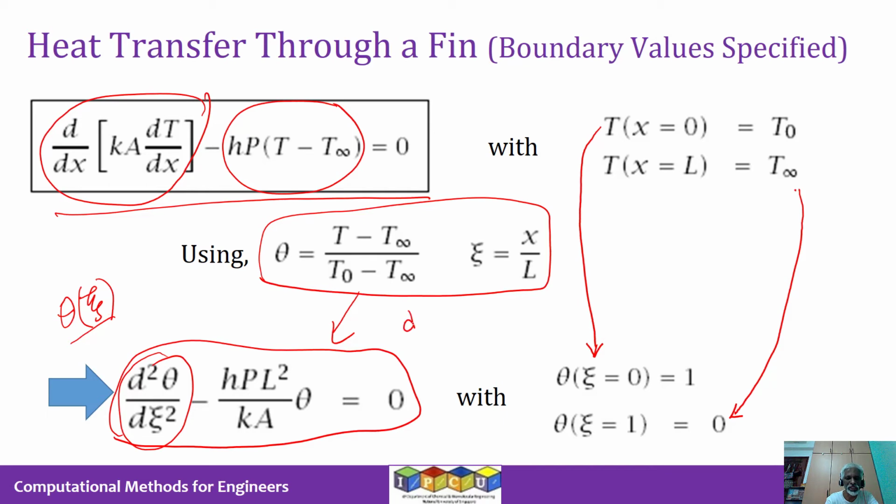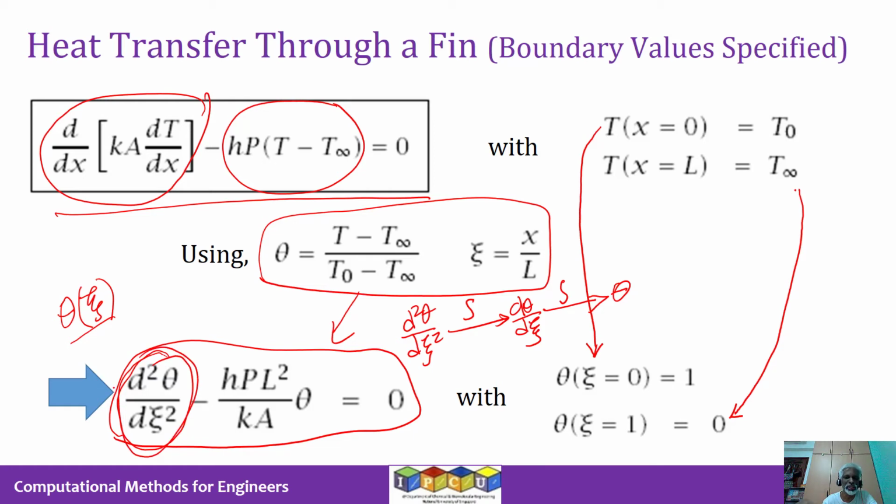The first integration will take us from d2 theta by d psi squared to d theta by d psi. When you integrate d theta by d psi, you're going to get theta. So we are after theta. Therefore, we have to perform two integrals because the highest derivative here is the second derivative.